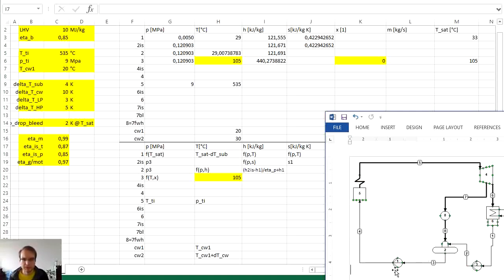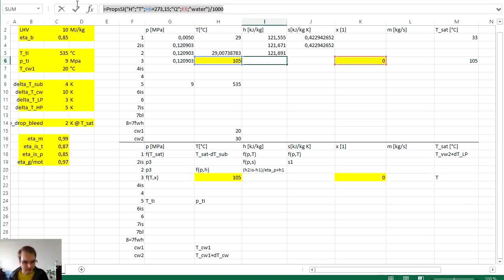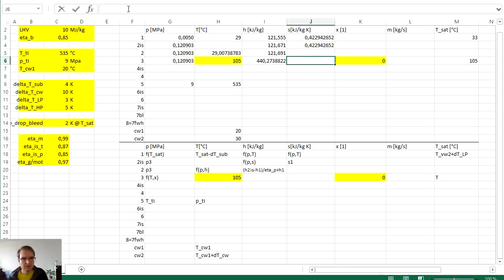Now point 3 is before the pump, so we will also need entropy, so basically the same function, just we want S as entropy. To fill this function table, enthalpy is a function of T and X, and the same is with the entropy.